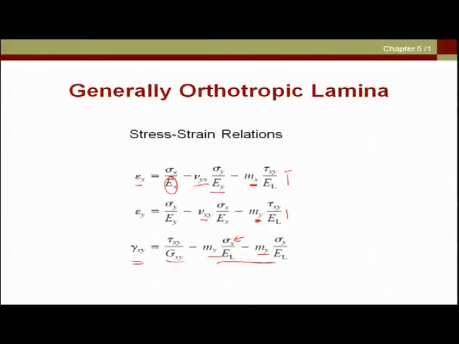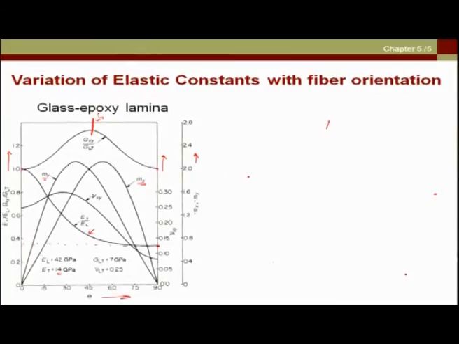These coupling effects can be very significant, and if they are, then we have to be cognizant of that and take those effects into account. The last thing is that we will make some comments on Poisson ratio.